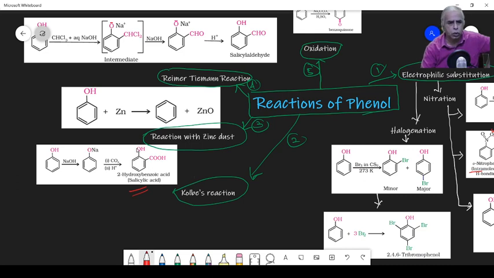Okay, orthohydroxybenzoic acid. So never forget this. In Kolbe's reaction we get the product orthohydroxybenzoic acid, or it can also be called 2-hydroxybenzoic acid. Okay, right. In fact this question is frequently asked in any organic problem, so remember this is very important.